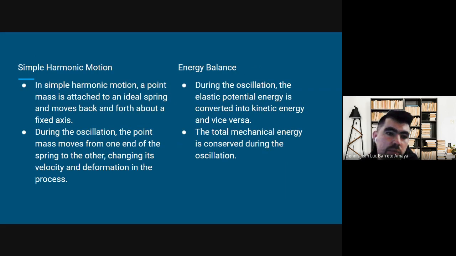Simple harmonic motion. In the simple harmonic motion, a point mass is attached to the ideal spring and moves back and forth about a fixed axis. During the oscillation, the point mass moves from one end to the other, changing its velocity and deformation in the process.